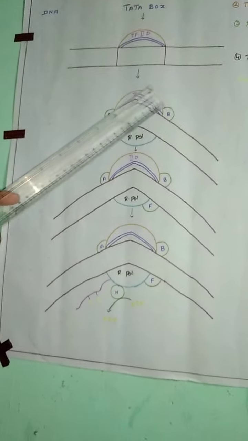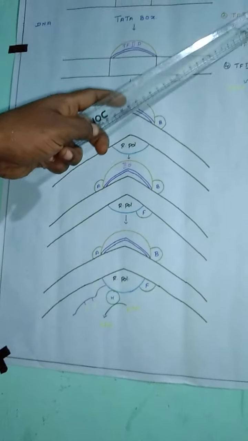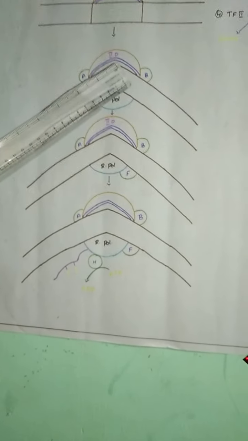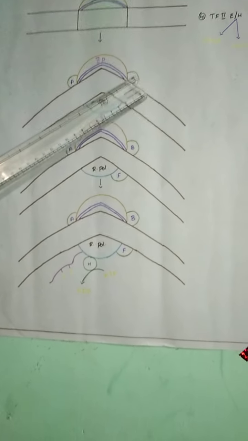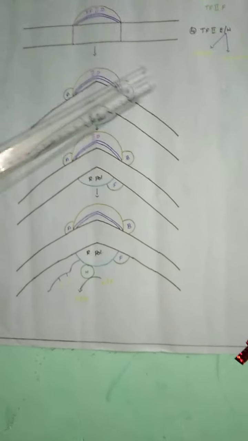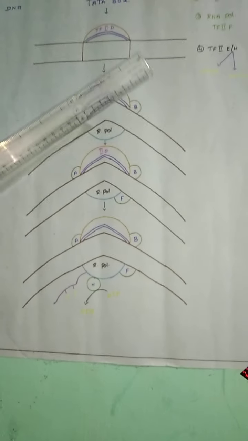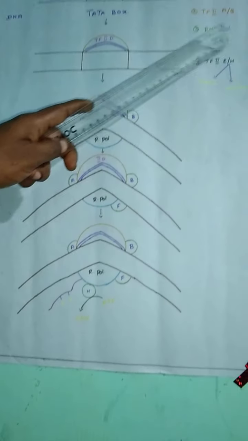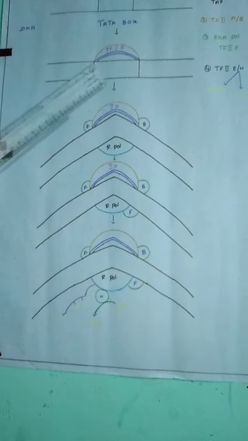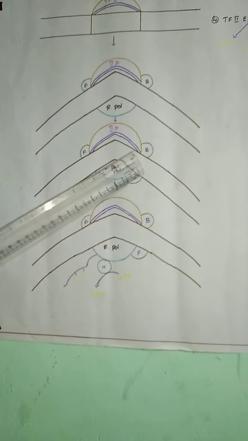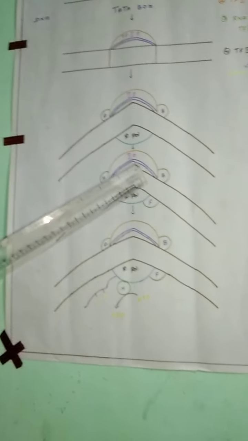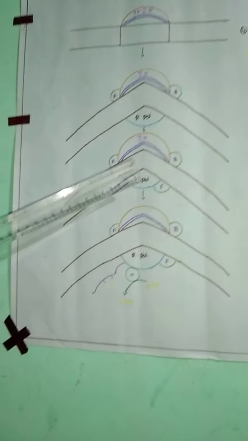In the third step, RNA polymerase binds to the promoter region. But RNA polymerase cannot bind alone. It needs an escort protein, known as transcription factor F. This remains attached to RNA polymerase. This F protein has a major role in the transcription process.